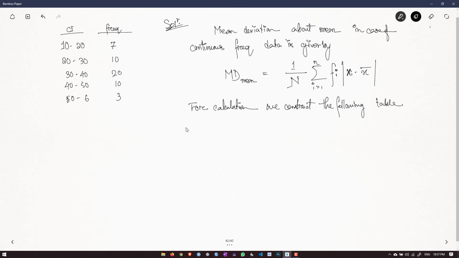So in this table we have class intervals, we have frequencies. Frequencies are denoted by f, right? Then we will have mid values. Mid values are denoted by x, right? Now after this, to calculate arithmetic mean, we will need the multiplication of f and x.